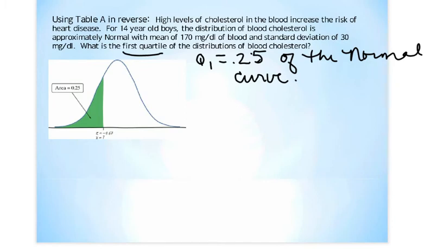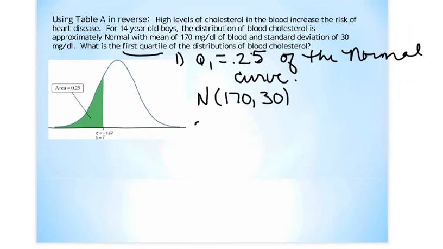So in this case, I am looking for a normal curve with a mean of 170 and standard deviation of 30, and I want to find 25% of that curve. So that's step 1.